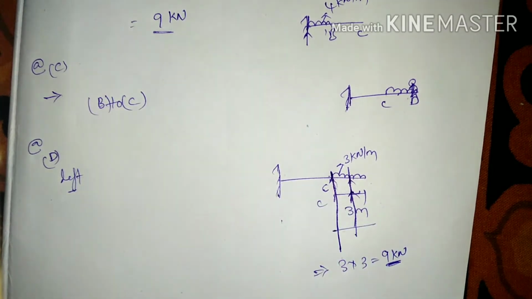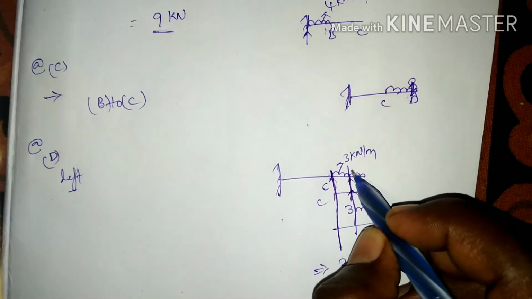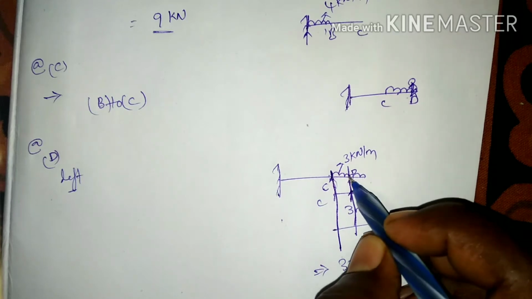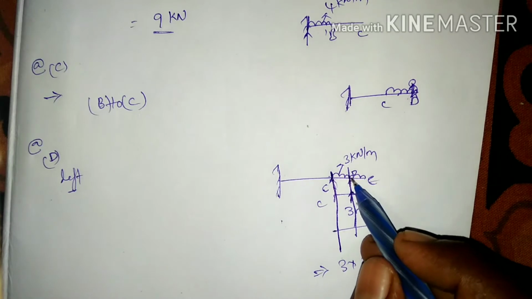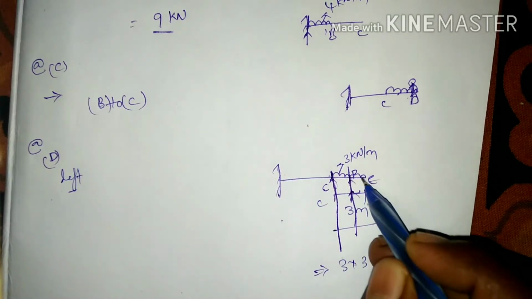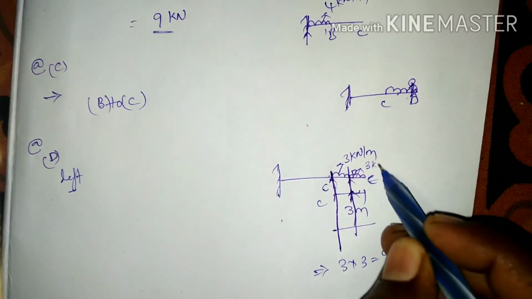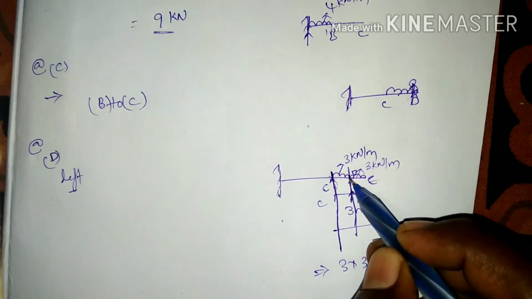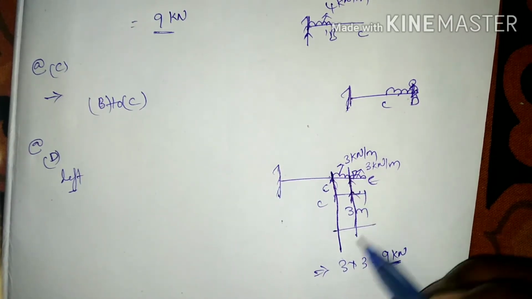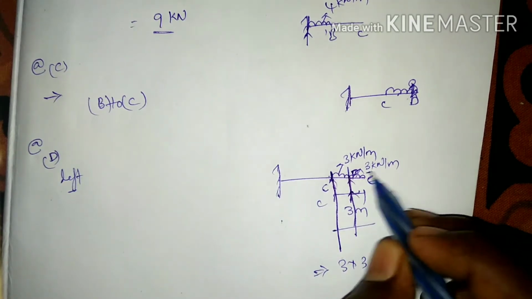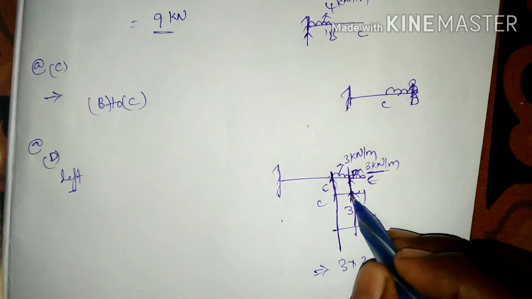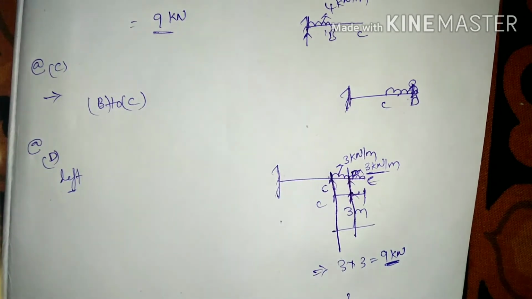at C. If I am going on to the D, let us consider this is a point D at the midspan of the C to E. Here I am going to have the same UDL, 3 kilonewton per meter. If I need the shear force at D, I am going to multiply the load into the distance up to here, that is 3 into 1.5.